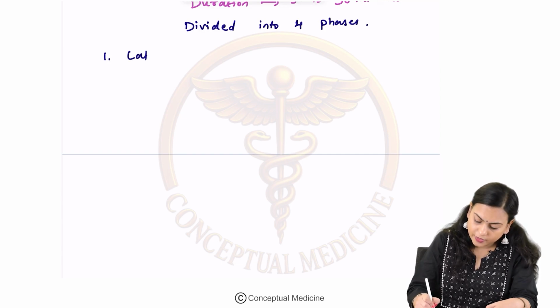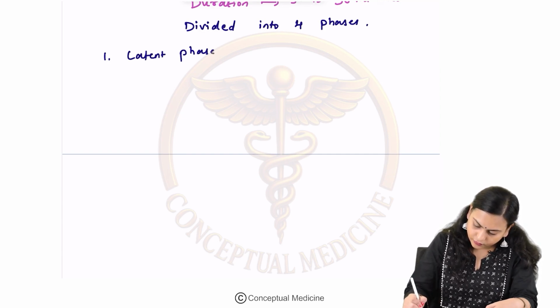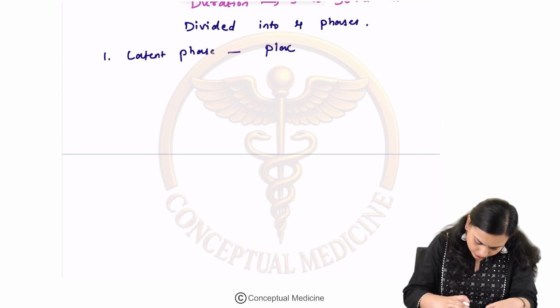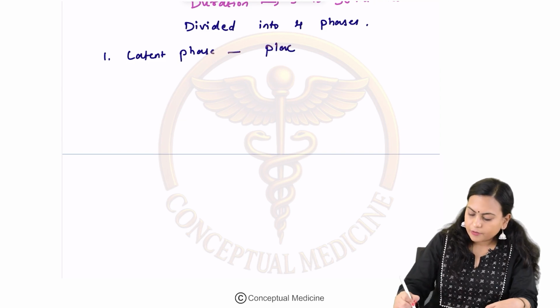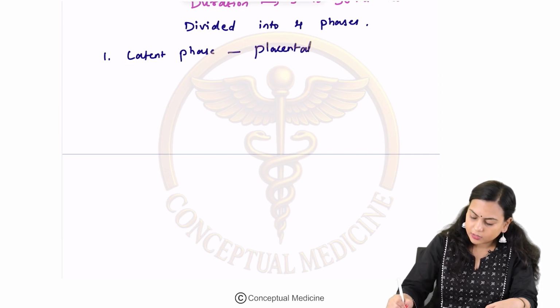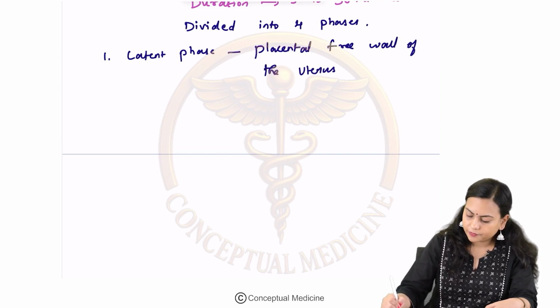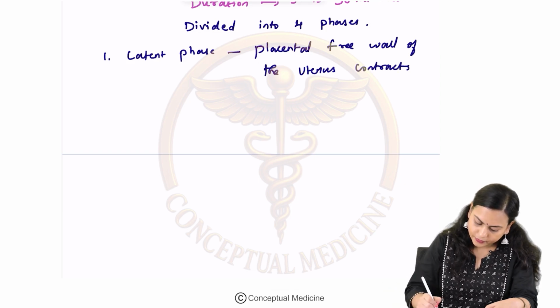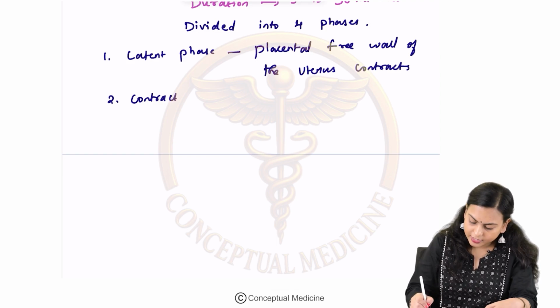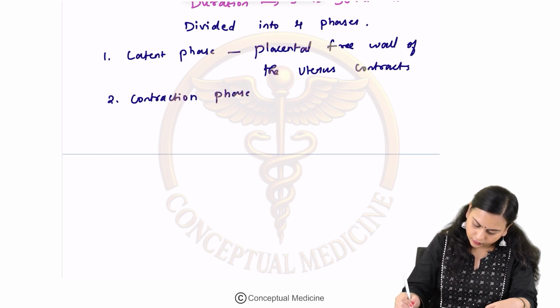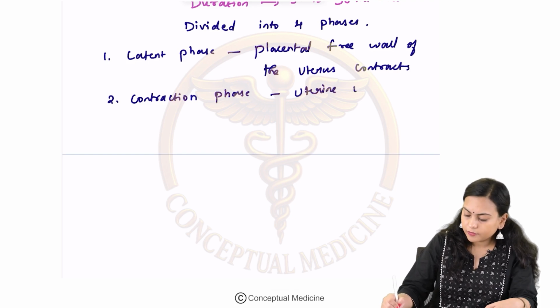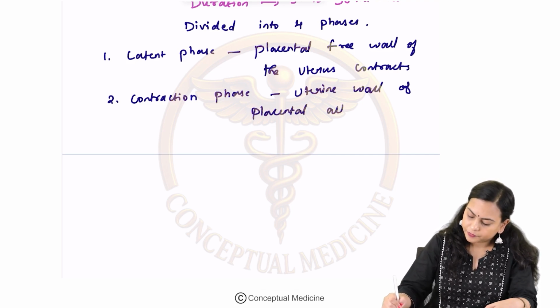First one is the latent phase, where the placental free wall of the uterus will contract. Okay. And next one is the contraction phase. Now, the uterine wall of placental attachment contracts.